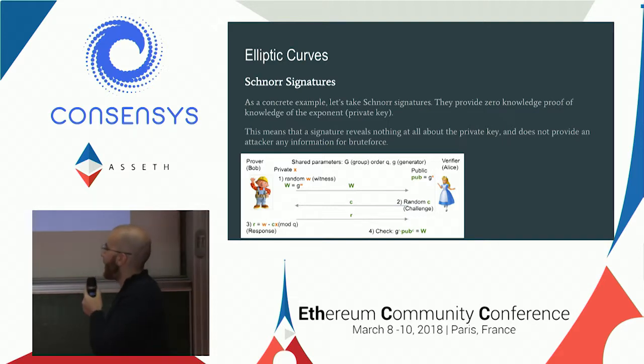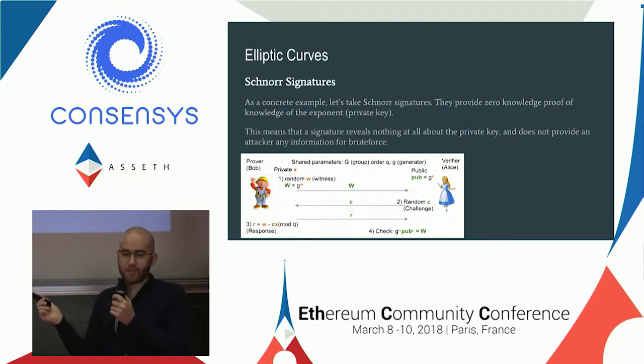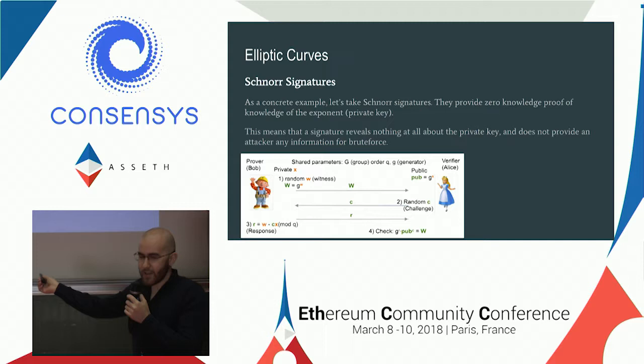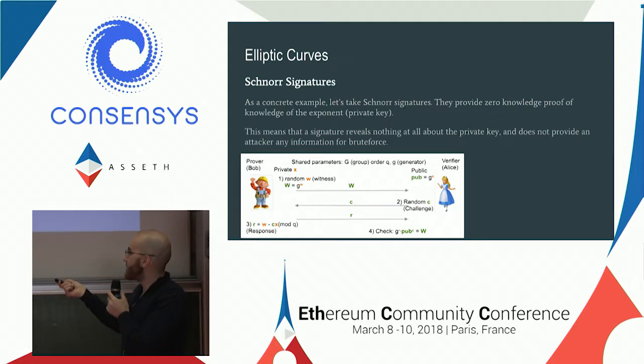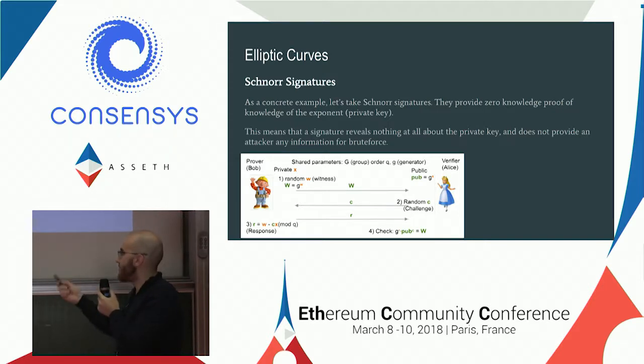Okay, and here's a protocol example. This is the interactive version of Schnorr. The non-interactive version just has a hash in here somewhere, but the interactive version is a bit easier to follow in your head. So I'm Bob, the prover. I want to prove to a third party that I have the private key x, and Alice is the verifier, again some third party, the public, whatever.